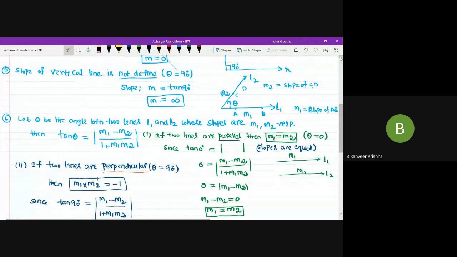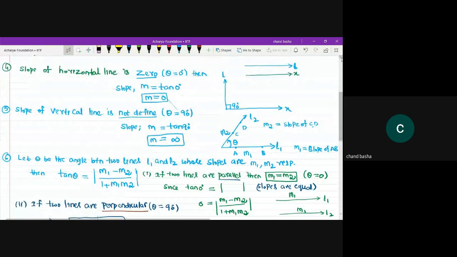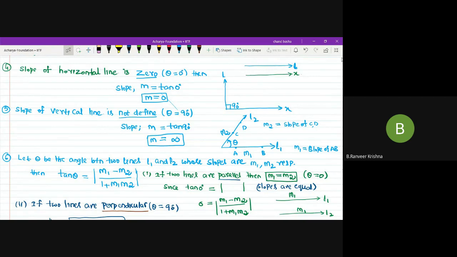Yes, sir. The slope of a vertical line is not defined, they gave that, sir. That means we cannot tell, sir, whether it can be any value or it does not have any value. Does not exist.